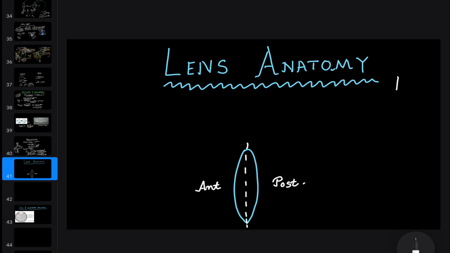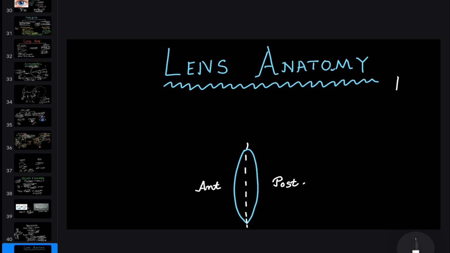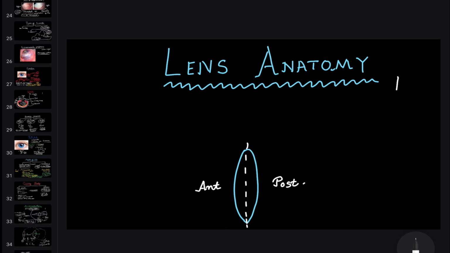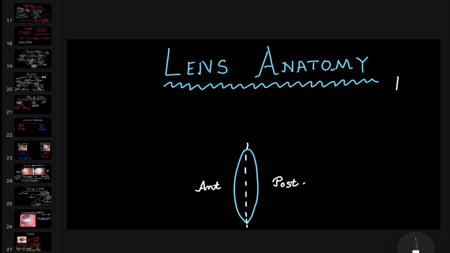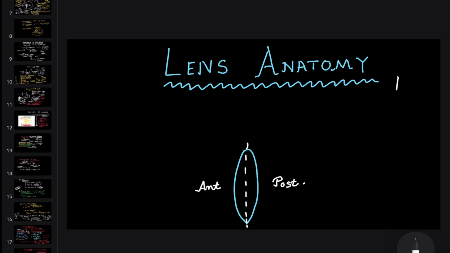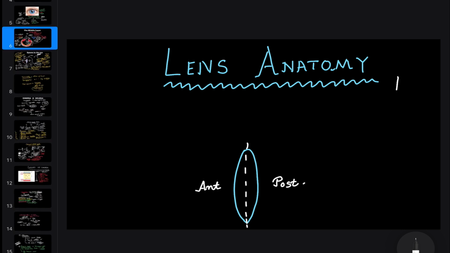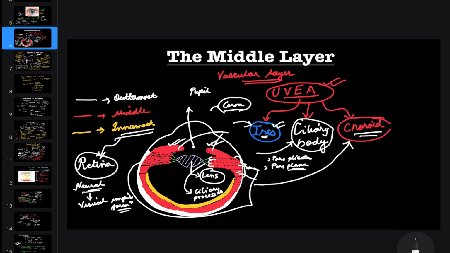Okay. Right now, we focus our attention towards the anatomy of another structure within our human eye, that is the lens. Now, the lens in the eye that we have is a structure that we have seen repeatedly in our previous videos. If I can just go back to some previous videos where I had shown the different structures here.